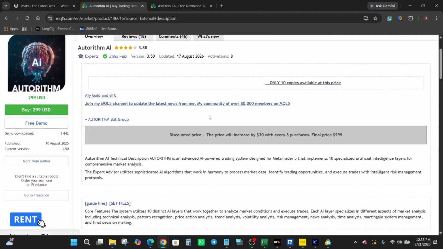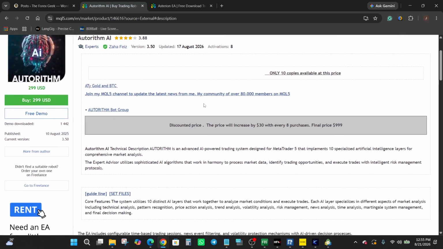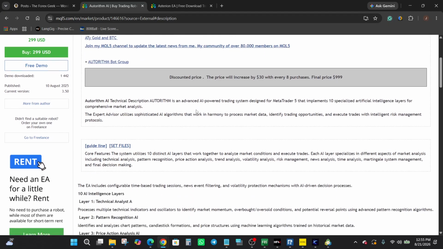So now moving into the main description, the developer describes Autorithm as an advanced AI powered trading system specifically designed for MetaTrader 5. So to be clear right from the start, this is an MT5 only EA based on the information provided in the listing.